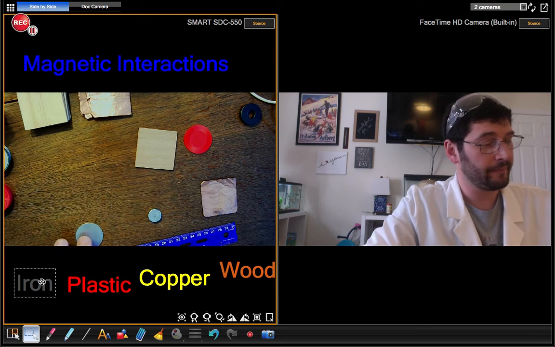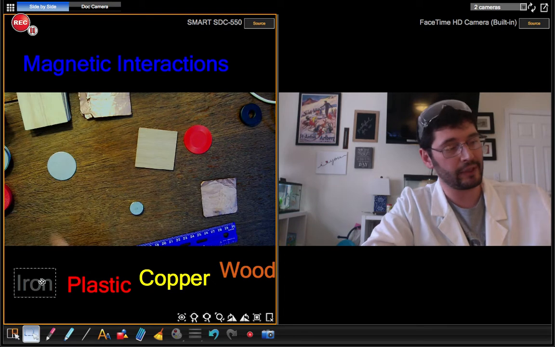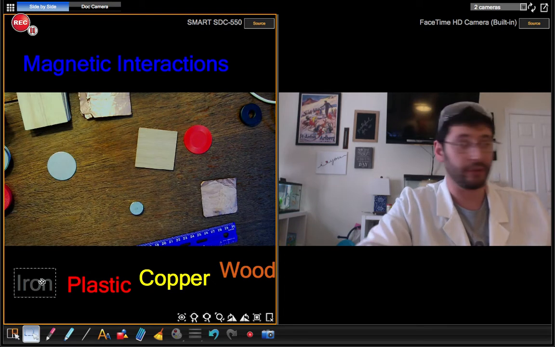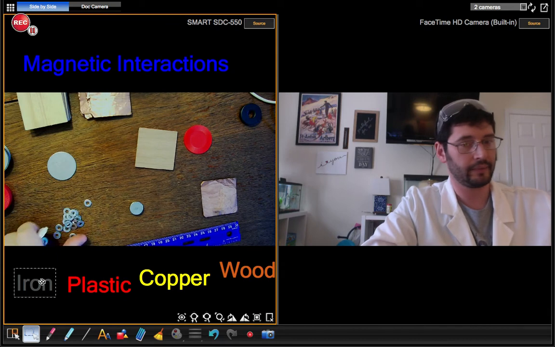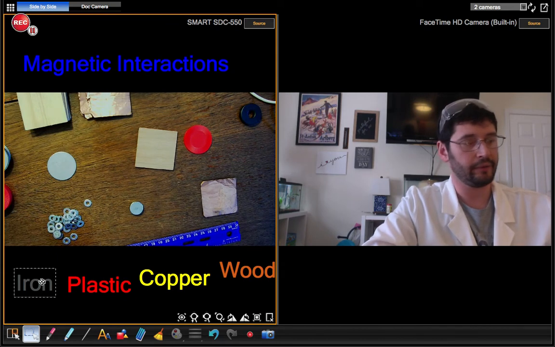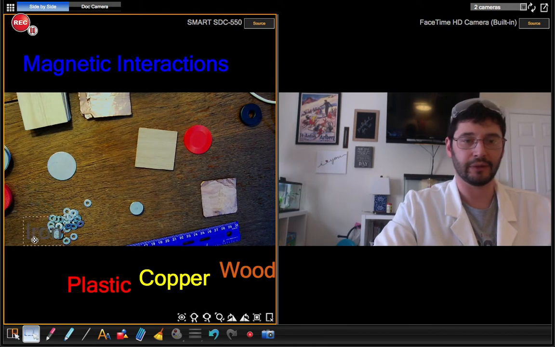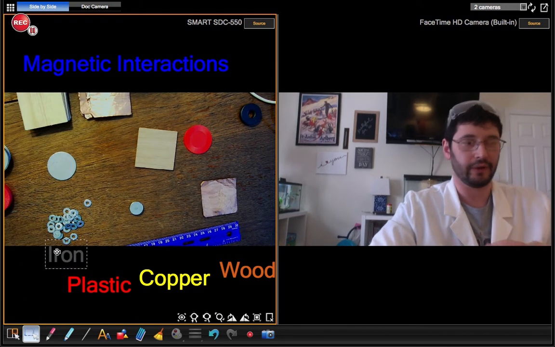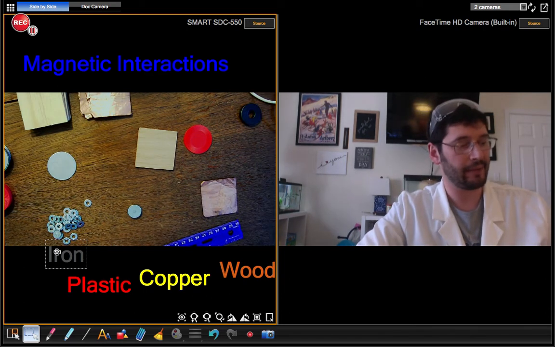All right, so we're going to look at the next part, which is how strong magnetic fields are when they travel through materials. What I have here are these little washers, and these little washers are also made out of our material called iron. If we take our magnet, let's see what happens.